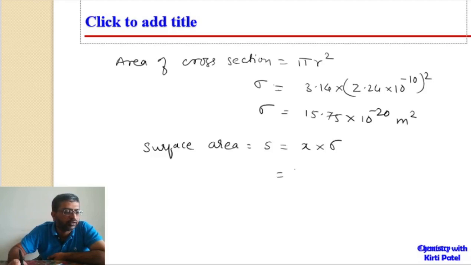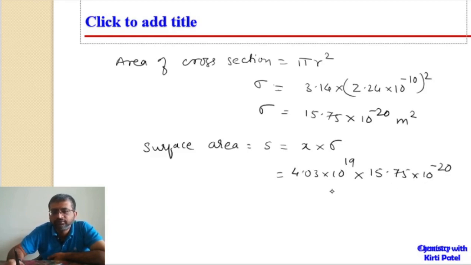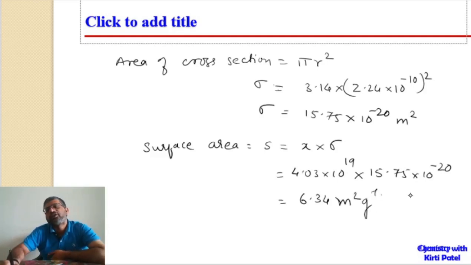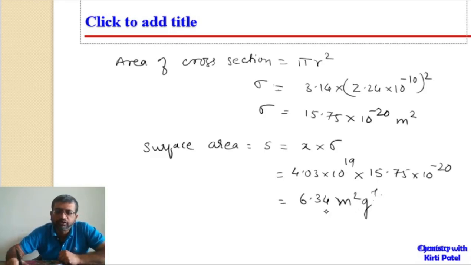X is 4.03 into 10 raised to 19 into 15.75 into 10 raised to minus 20. This will give us 6.34 meter square per gram of copper powder. So this gives us the surface area for this particular molecule.